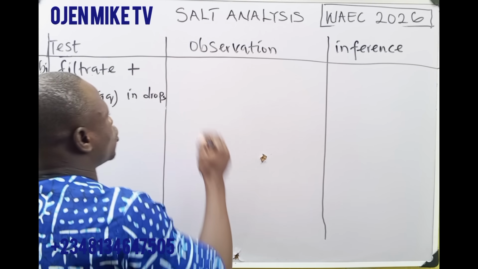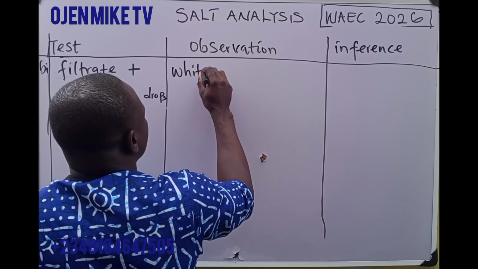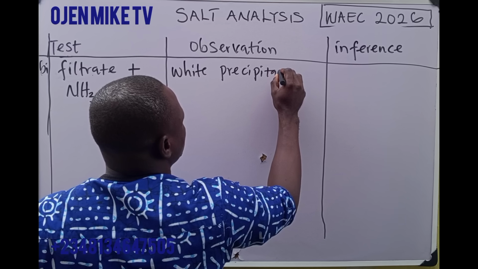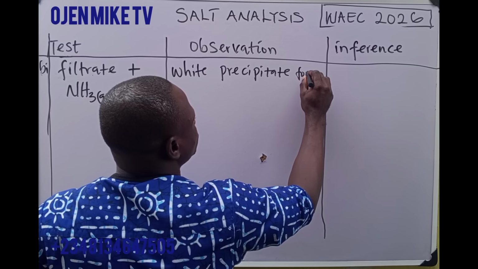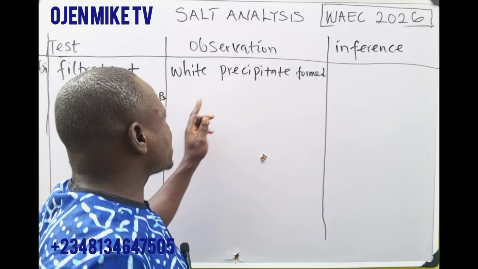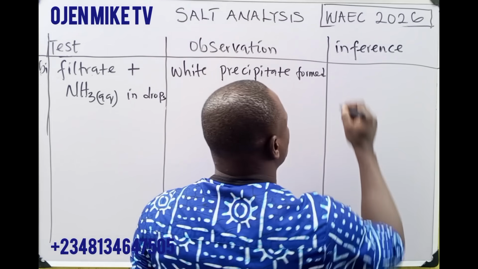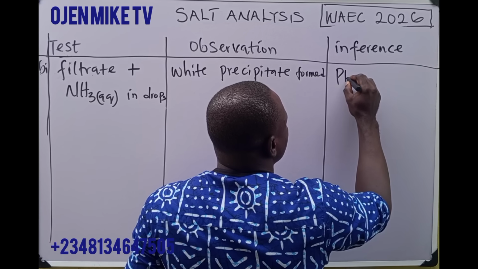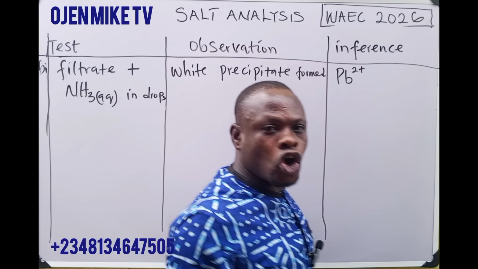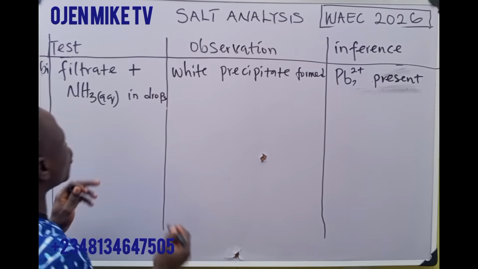When you put in drops, what you are going to see is white precipitate form. Some can say white precipitate form, some can say white precipitate observe. And when you see something like that, what you should suspect is lead ion present or suspected.